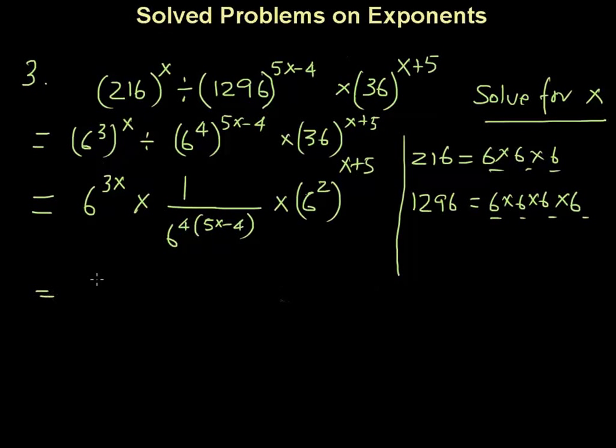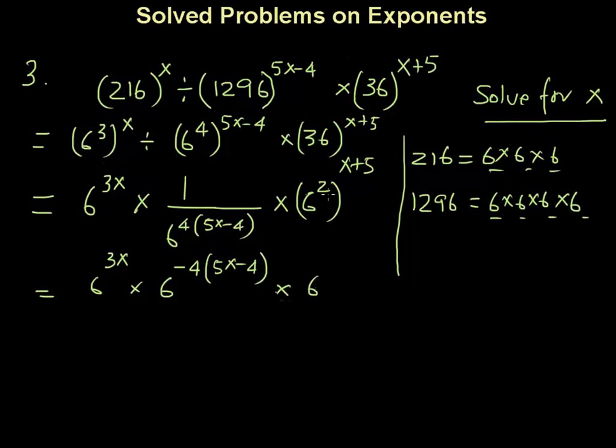So what we get here is 6 to the power 3x multiplied by this, so I can bring it up. If I bring it up, I get minus 4 multiplied by 5x minus 4, and this is all multiplication now.